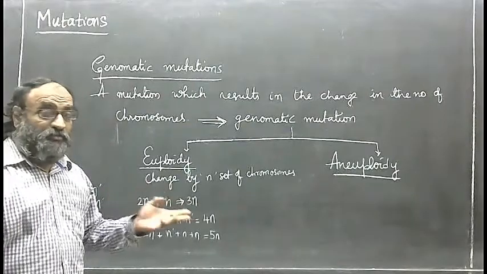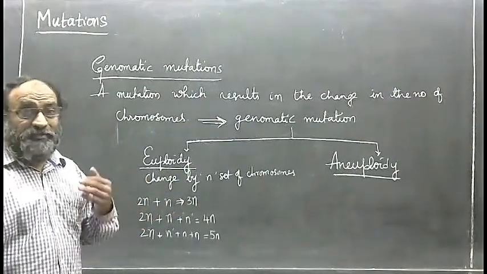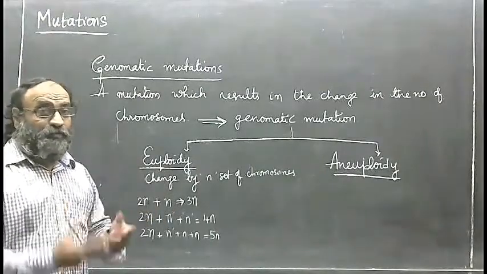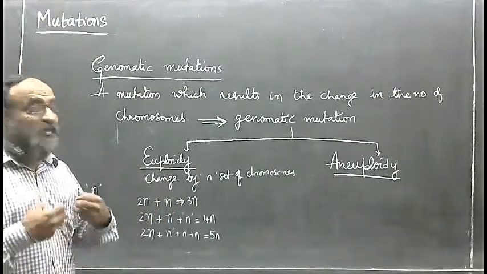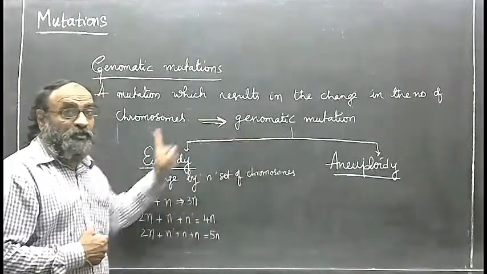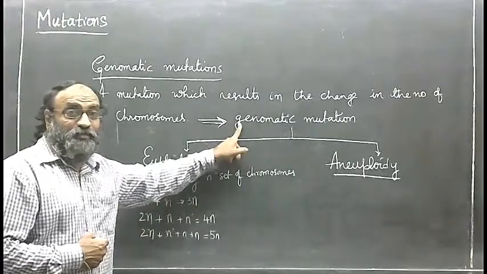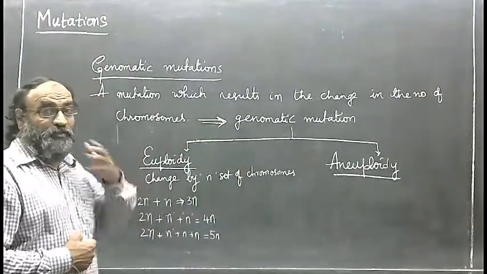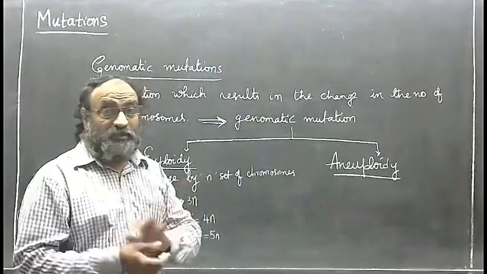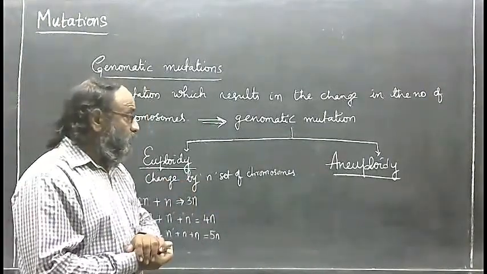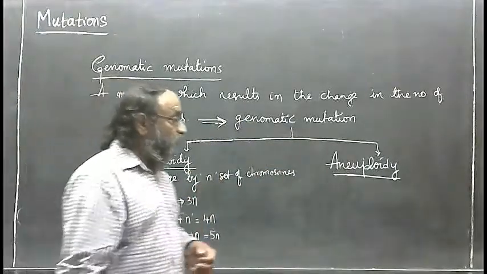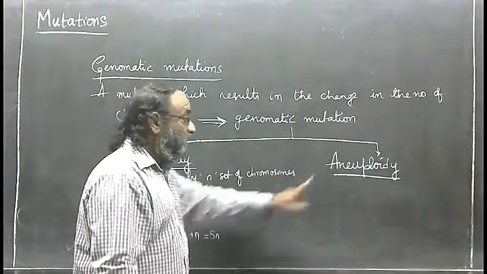Another genomatic mutation is the change in the number of chromosomes by aneuploidy.